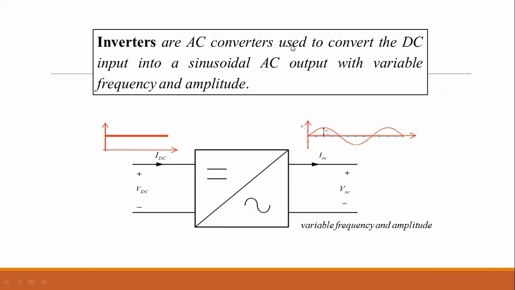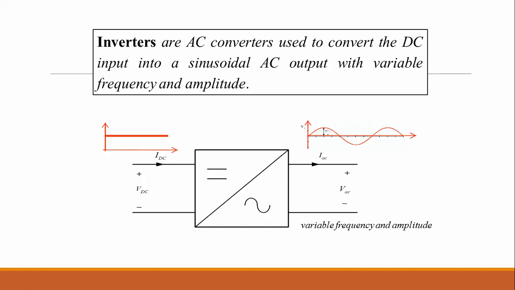So what is actually an inverter, or what are DC to AC converters? Inverters are actually converters whose input is DC and whose output is sinusoidal AC. But the output is variable: the output frequency is variable, and the output amplitude is variable. DC to AC converters are those types of converters that convert DC to AC.